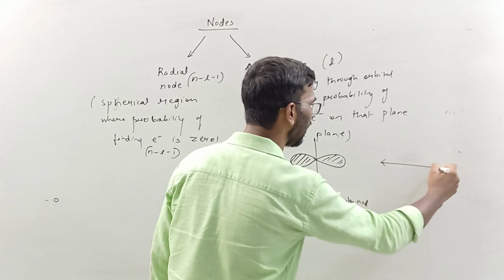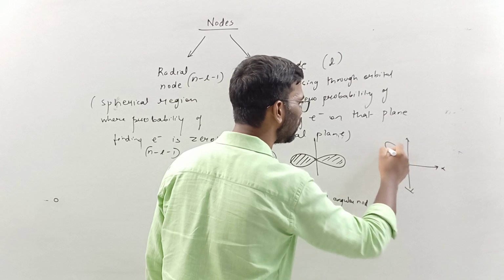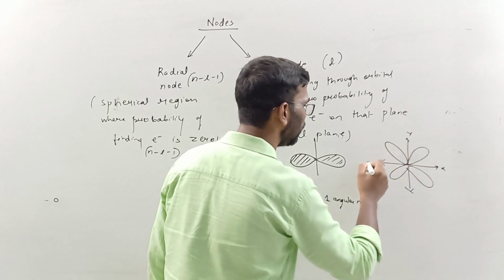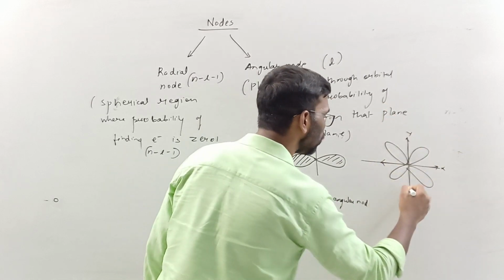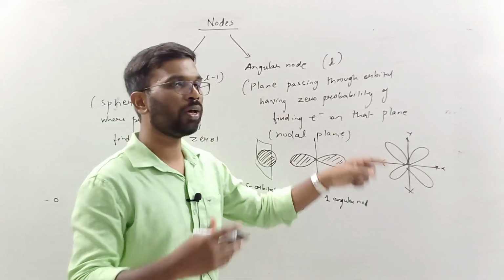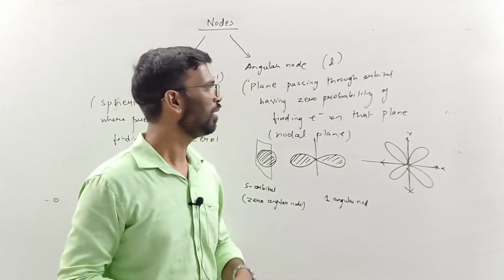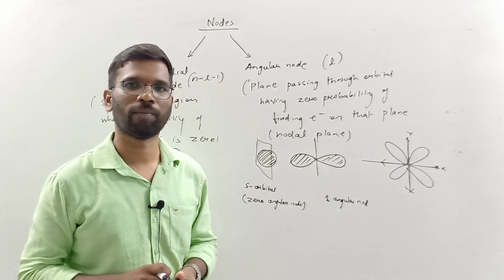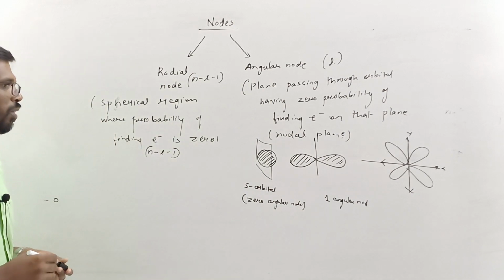This is the x-axis and this is the y-axis. You can pass one plane through this and another plane through this. So there are two angular nodes, or two nodal planes, for a d orbital. In the same way, for an f orbital, there will be 3 angular nodes. So this is all about the nodes.